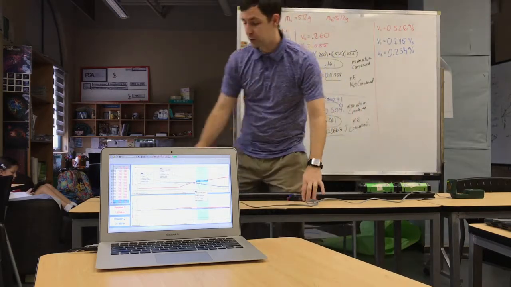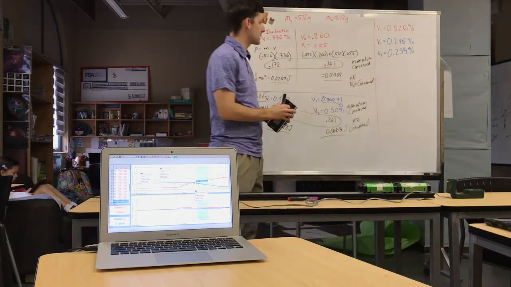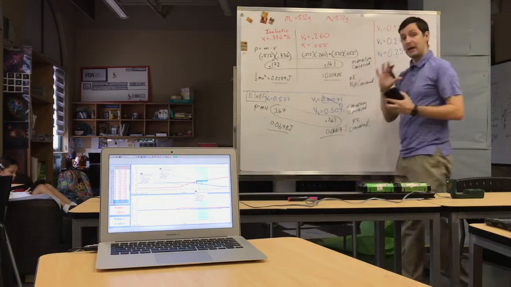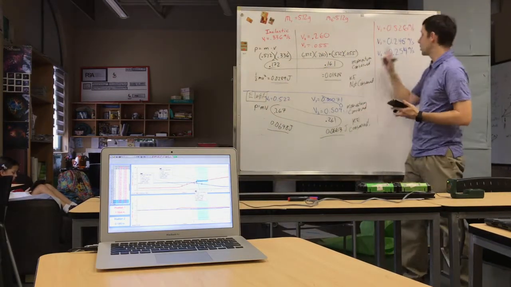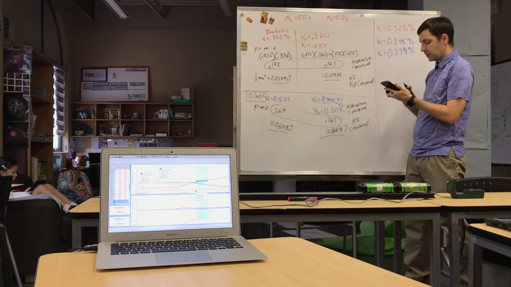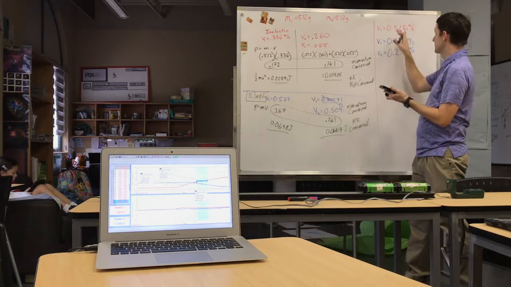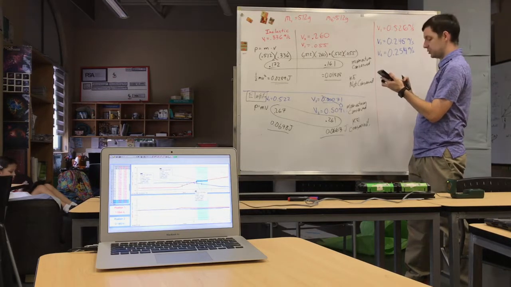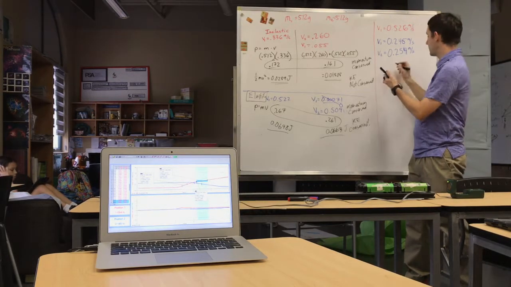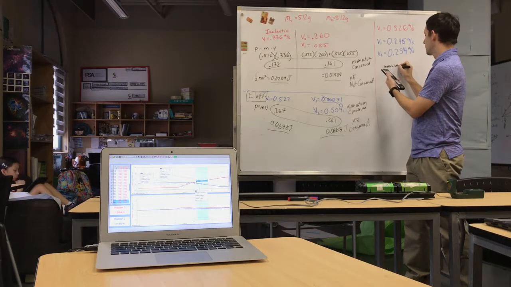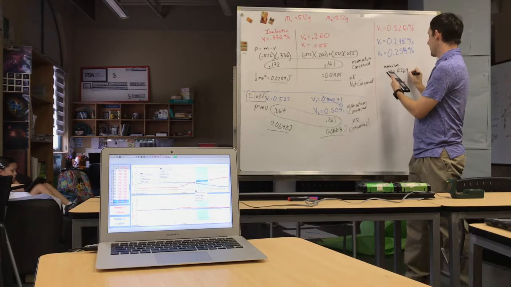So we're going to go through and do the same process that we did before with this one. Okay? So we're going to do the initial momentum. The momentum of the first one would be the mass, which is 0.512, times the velocity, which is 0.526. And we get a momentum of 0.269.